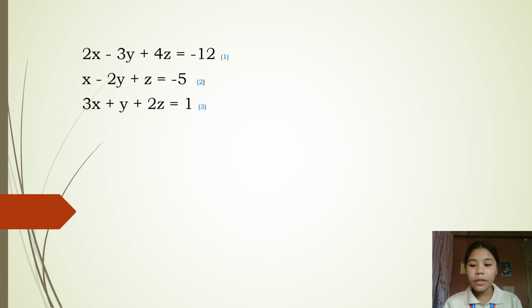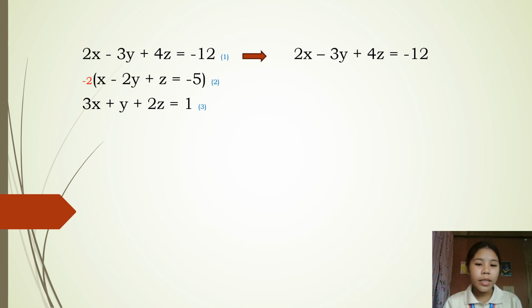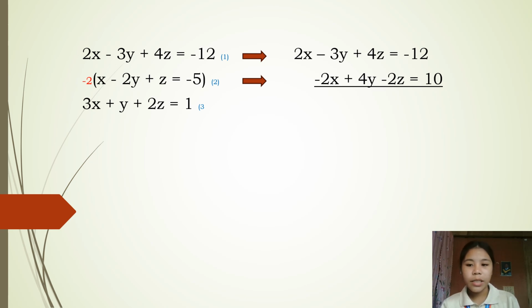So I'll choose the x variable. To eliminate x from the first equation and the second equation, multiply the second equation by negative 2 and add it to the first equation. So we copy the first equation, then multiply the second equation by negative 2. We get negative 2x plus 4y minus 2z is equal to 10.